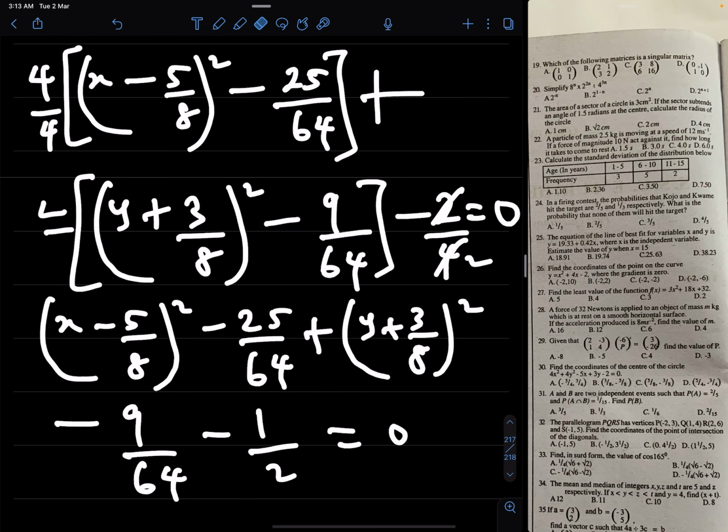That's what it means. So let me remove the 4s I put here to show how I divided through by 4.